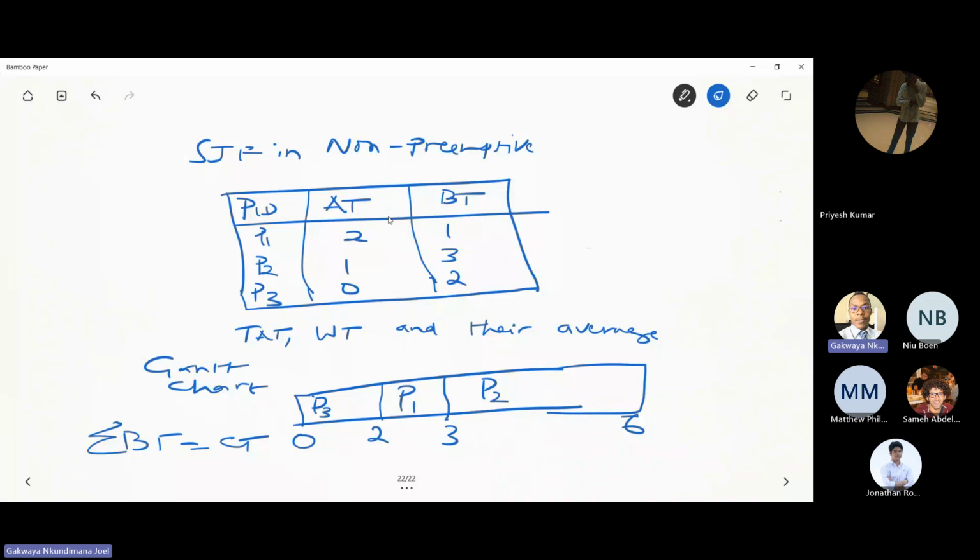Right? 6. This is to confirm. If they are not equal, then you may have miscalculated. So you need to do that. So this is shortest job first in non-preemptive. Once you get this one, you can do the rest.